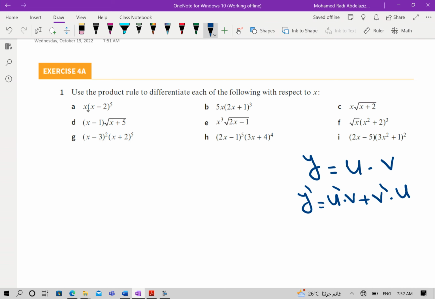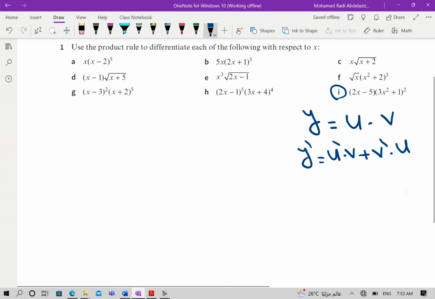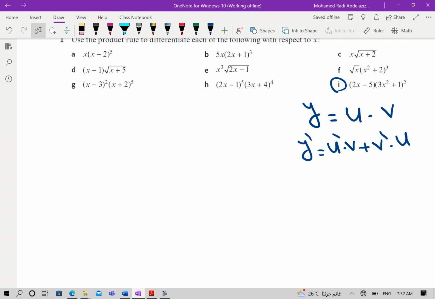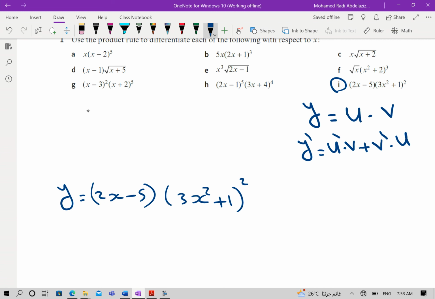For example, I will select question part I. How to find the derivative of this function: y equals 2x minus 5 multiplied by 3x squared plus 1 whole squared.